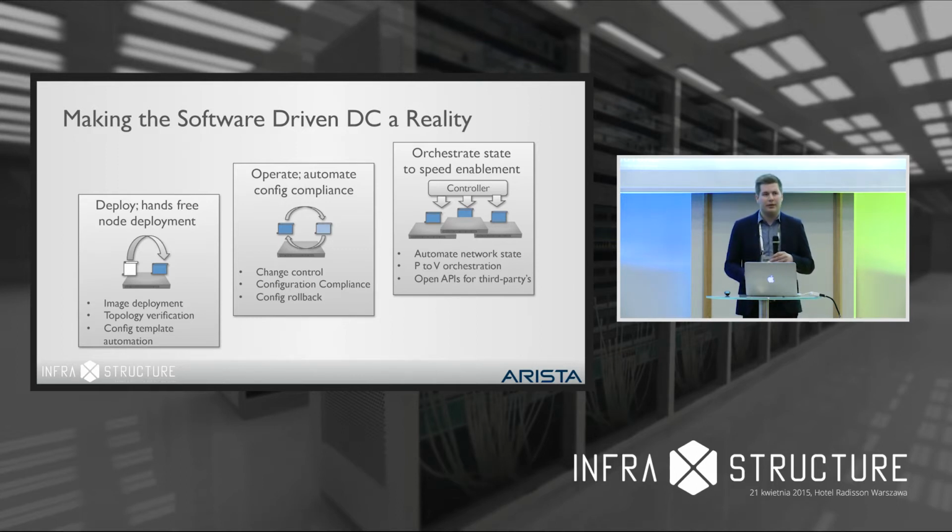How do you make config changes automatically? How can you verify those config changes such that you don't introduce human error? That's the second part. And then the third part is how can we orchestrate that? How can we integrate that with your virtualization technology such that the network is provisioned automatically?